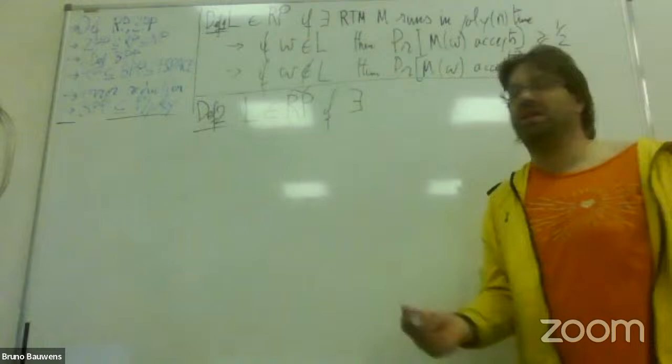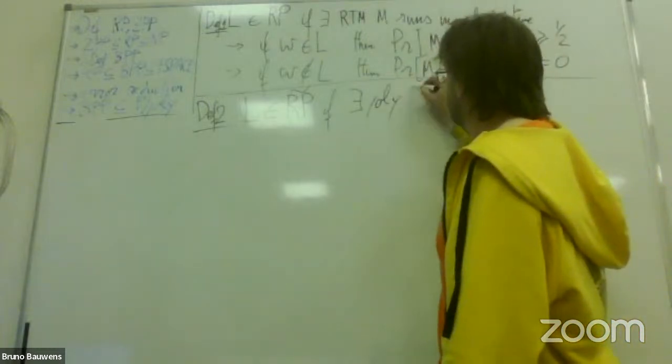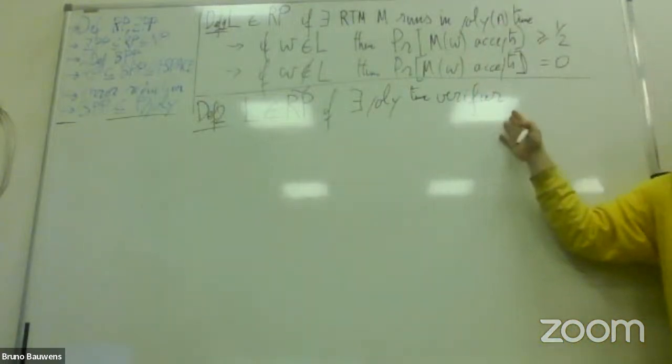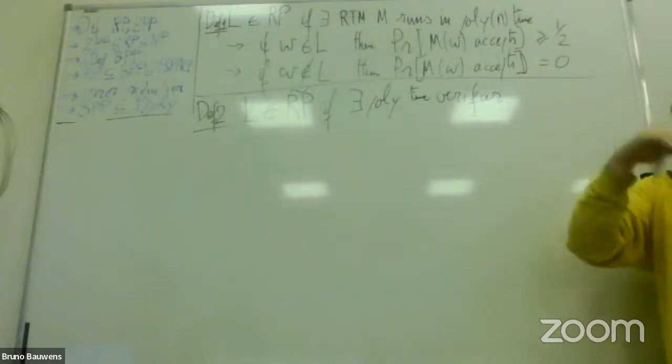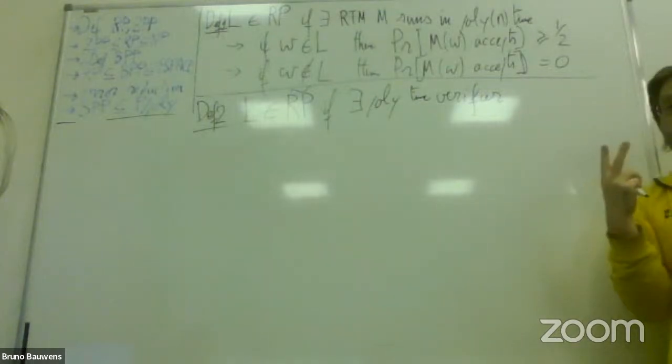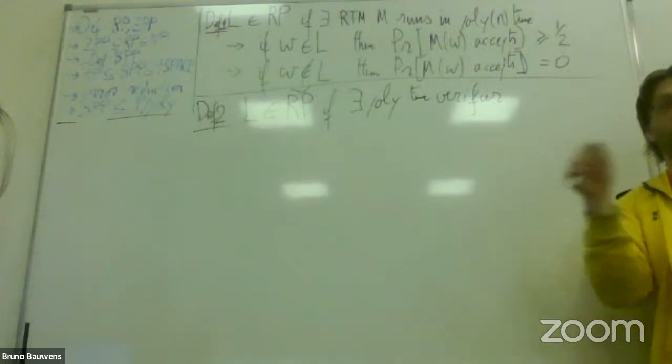We use the same thing as in the definition of NP. You remember, a polynomial time verifier is a deterministic Turing machine that receives two inputs, and it should run in time polynomial in the length of the first input.